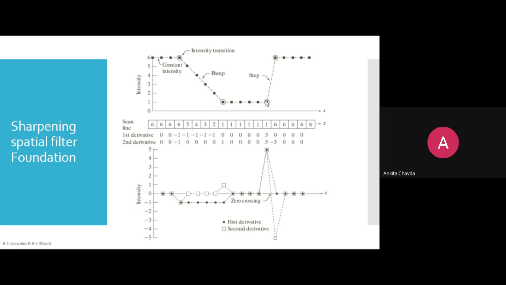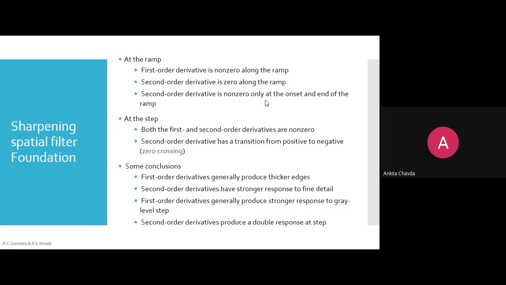Sudden increase. See, here it is not gradual increasing. Yes, it is only saying about the sudden values. So here the first order derivatives generally produce the stronger response to the gray level step.